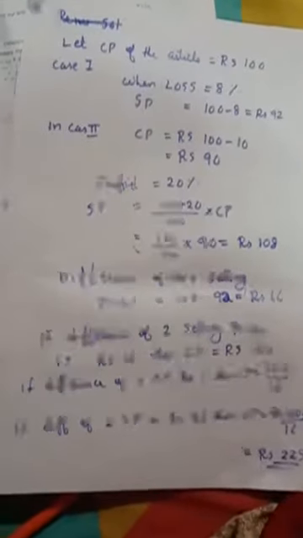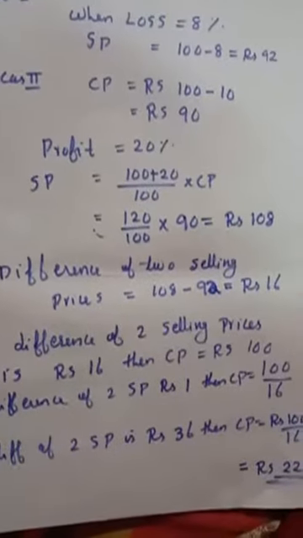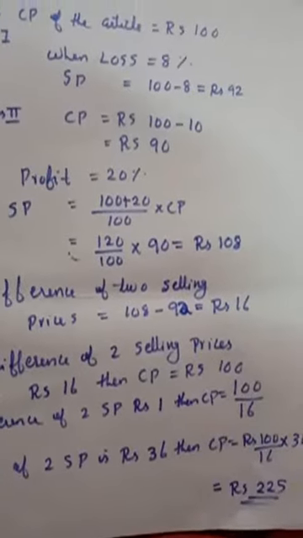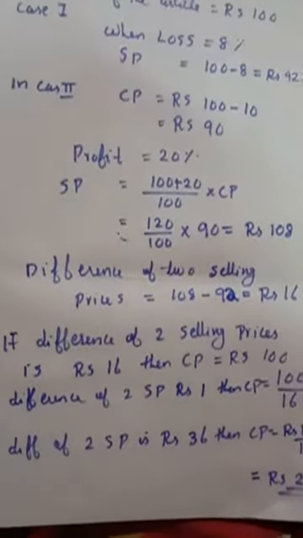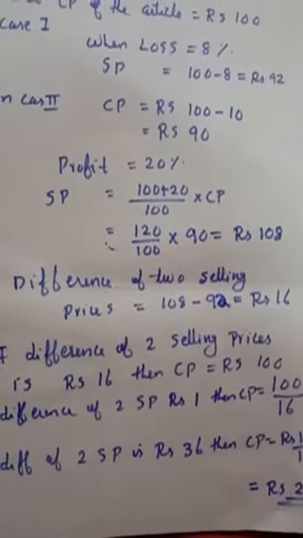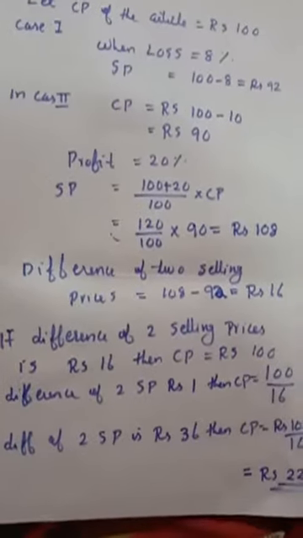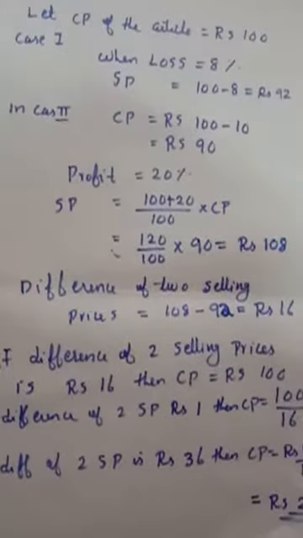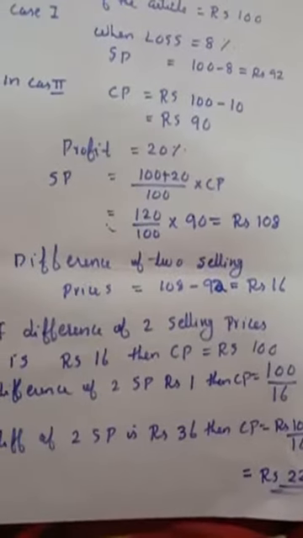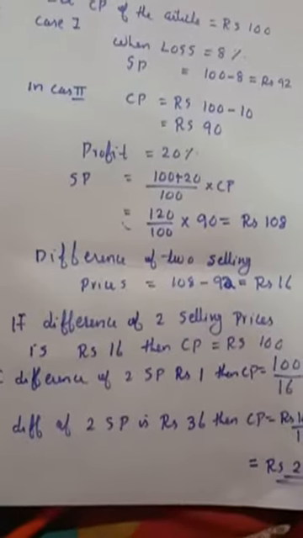Let it be 100. First CP 100, then given that loss. So what is SP? 100 minus 8, 92. Again, if she had bought it for 10% less, so what is SP? 90 rupees. And then sold it for profit 20%. So what is SP? 108. Then what is the difference in two selling prices?